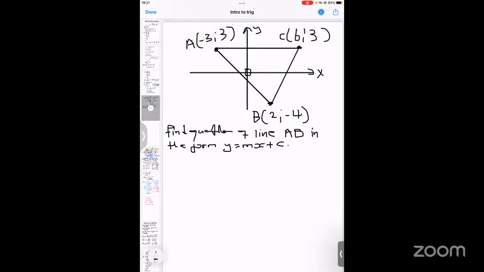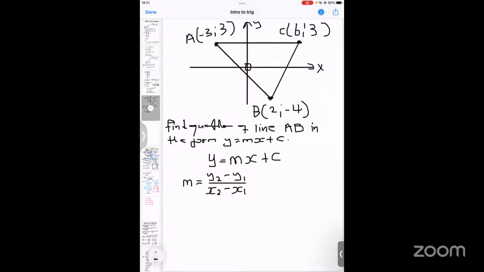So, we know that the formula has to be like this: y equals mx plus c. And then we are looking at those 2 points, A and B. So I will firstly have to start by finding m, where the formula says y2 minus y1 divided by x2 minus x1.